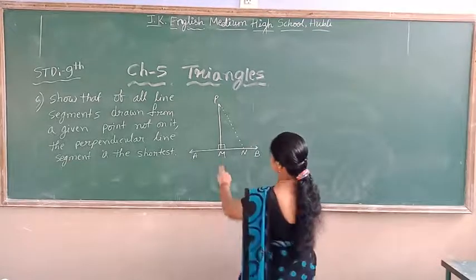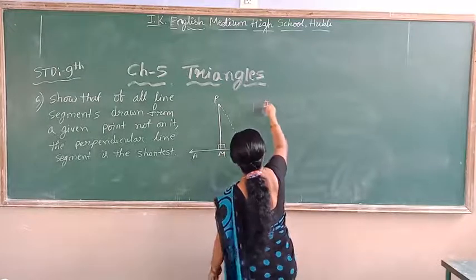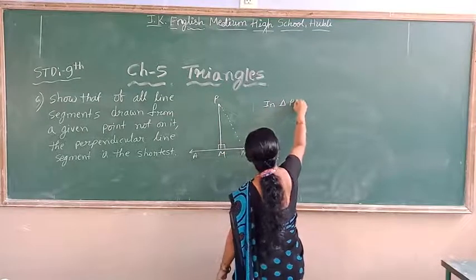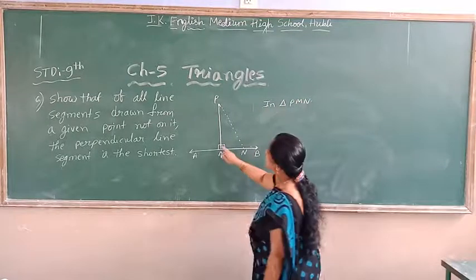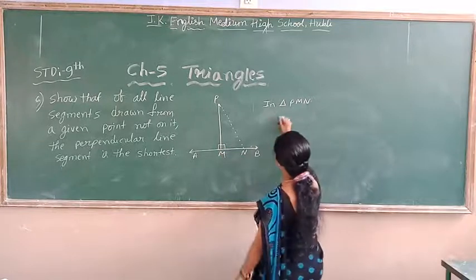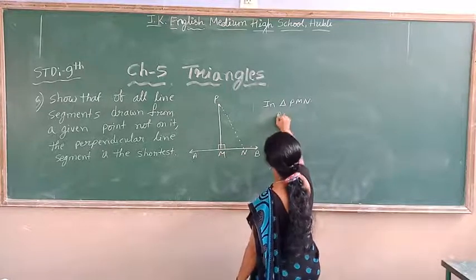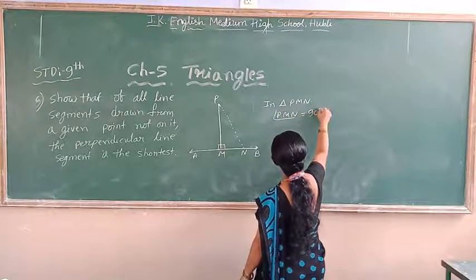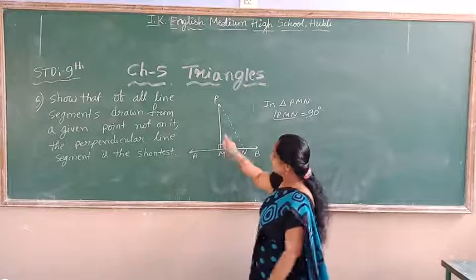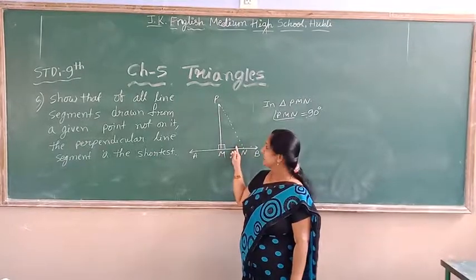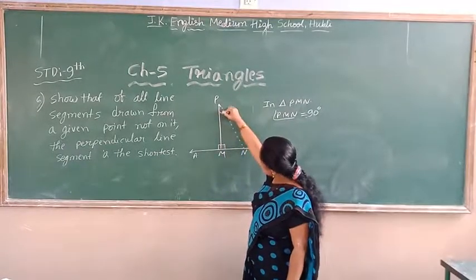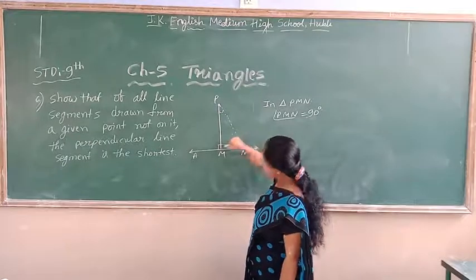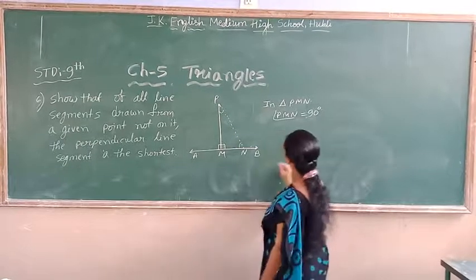So I will put it like that. When we see triangle PMN, we know it is perpendicular, so this angle is 90 degrees. Angle M, that is angle PMN, is equal to 90 degrees, children. So if this is 90 degrees, these two angles should be less than 90 degrees, means this is less than this, and this angle is also less than this, children.